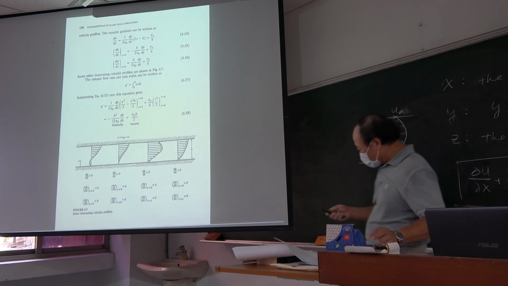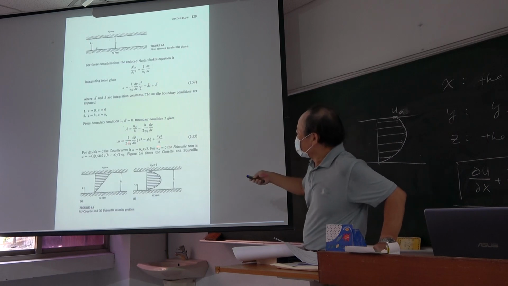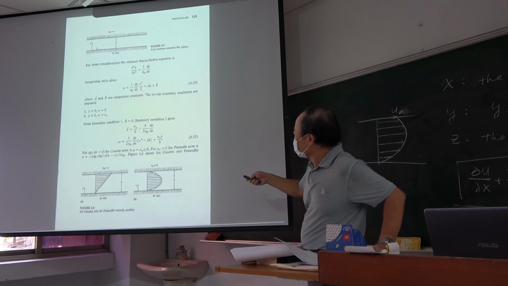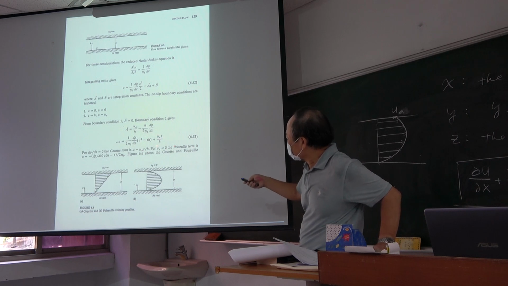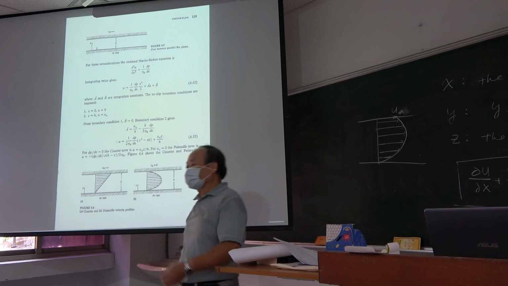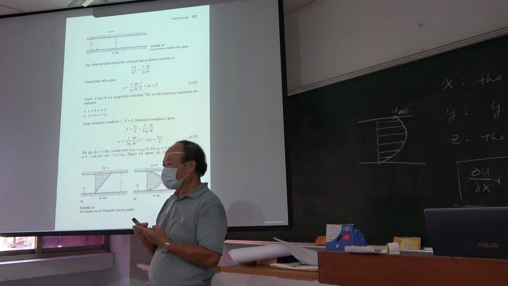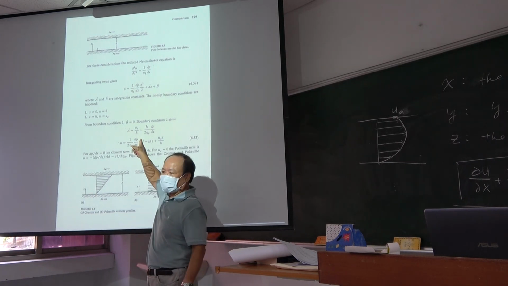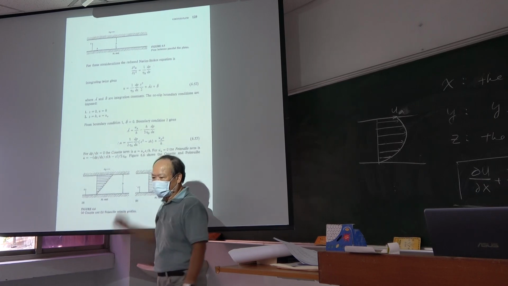If we have a velocity like this, this is a Poiseuille flow and this is a Couette flow. I have repeated this many times. If you want your flow moving in one direction, there are two factors. One is the pressure gradient, and one is the shear strain rate.